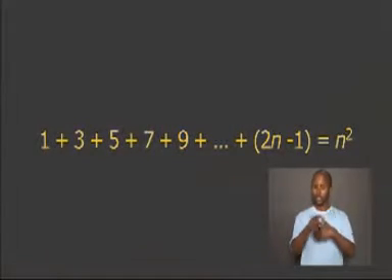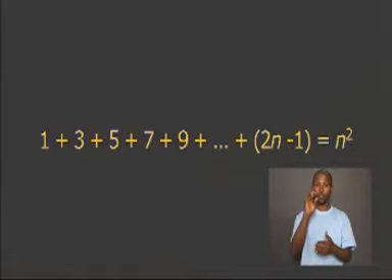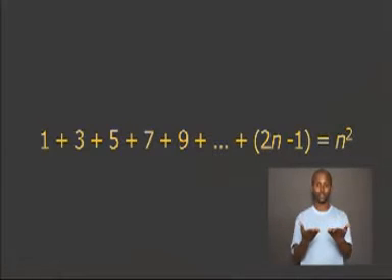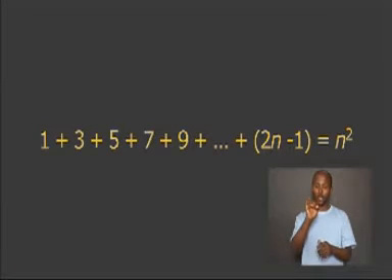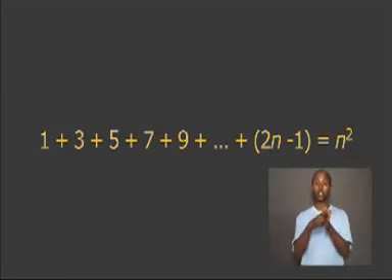Since the nth odd integer is always given by the equation 2n minus 1, then the rule that we just discovered may be expressed this way.